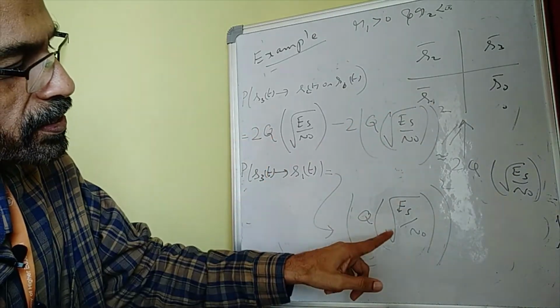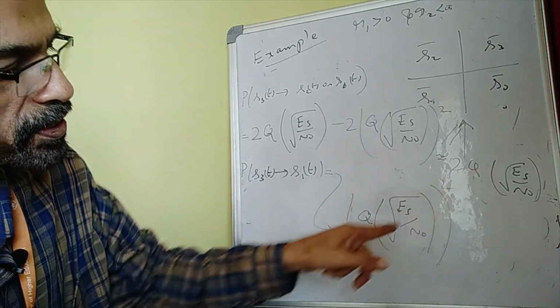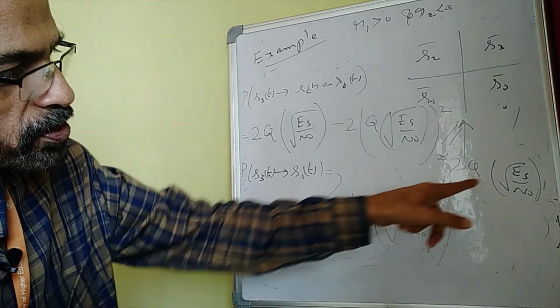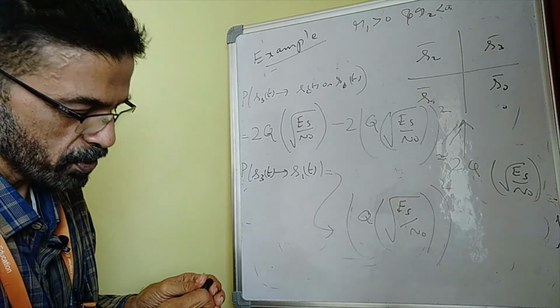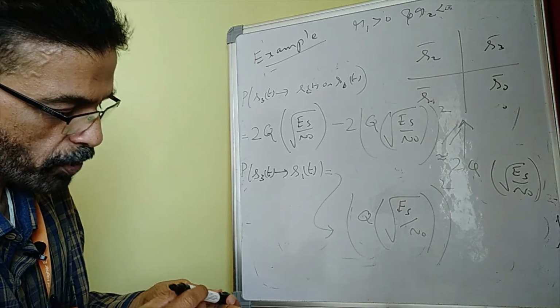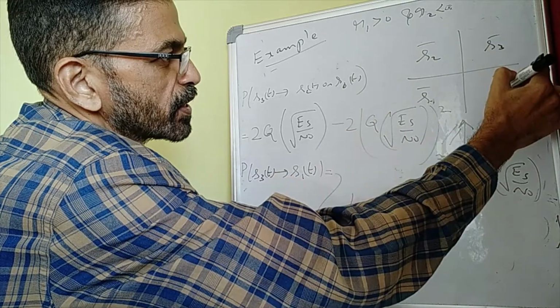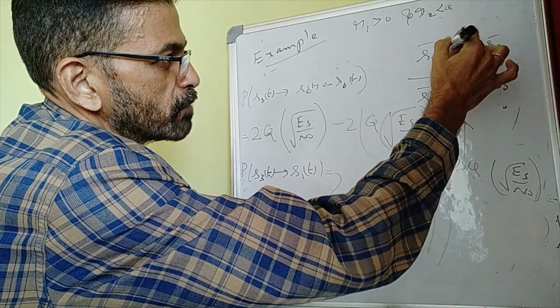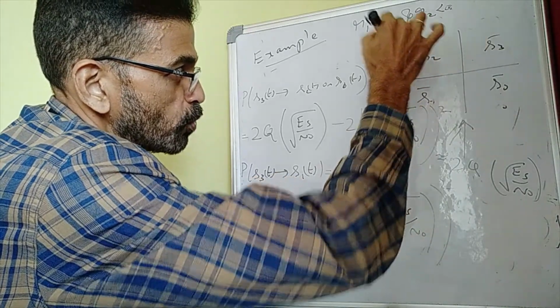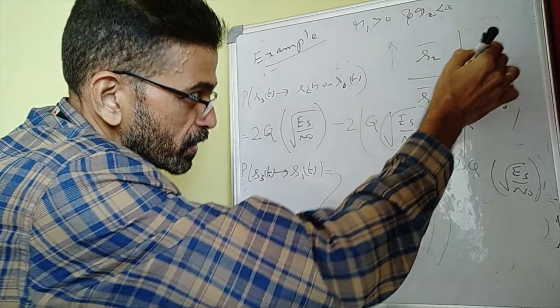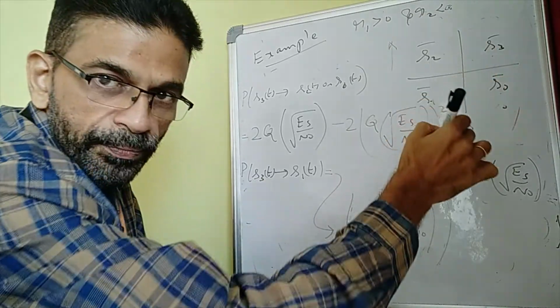You can clearly see that this is going to be much smaller than this, which means that the probability of S3(t) being detected as S0(t) or S2(t) will be much more compared to the probability of S3(t) being detected as S1(t).